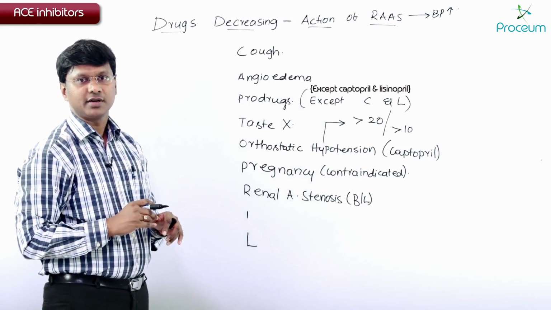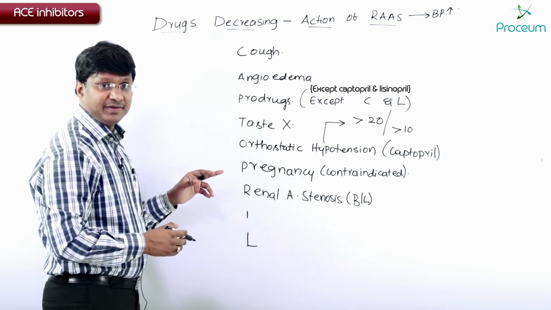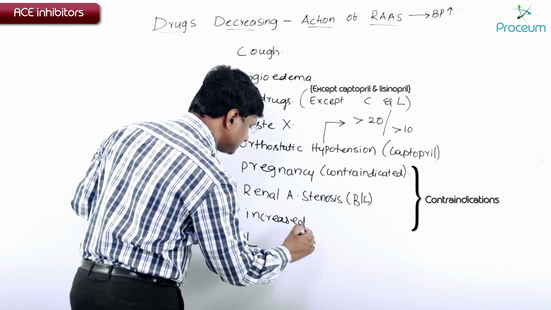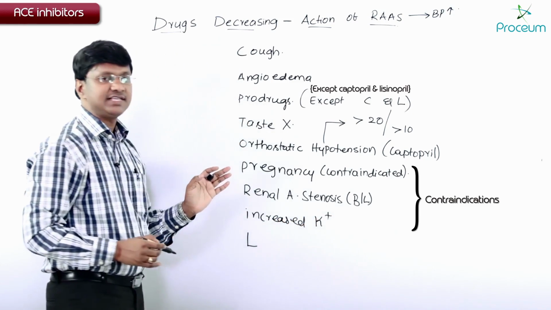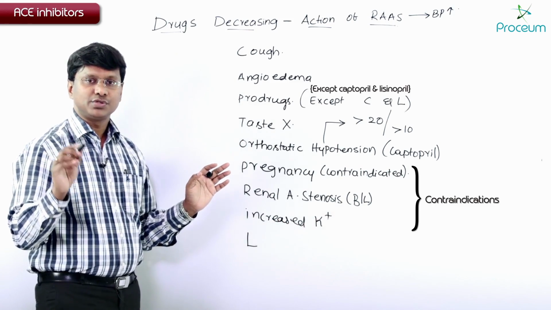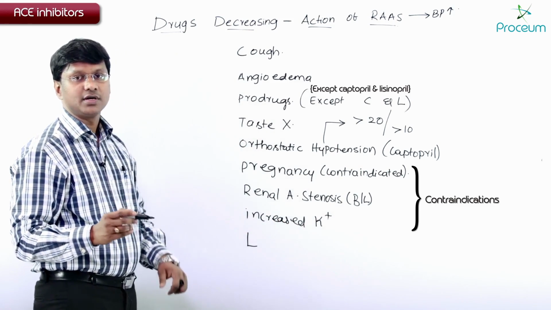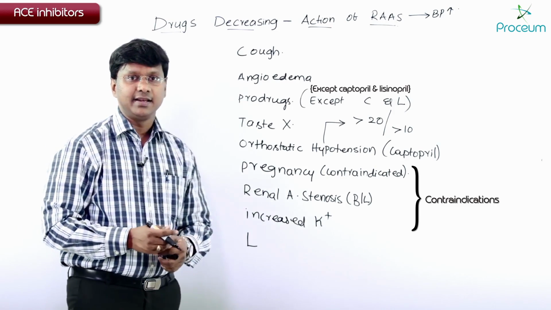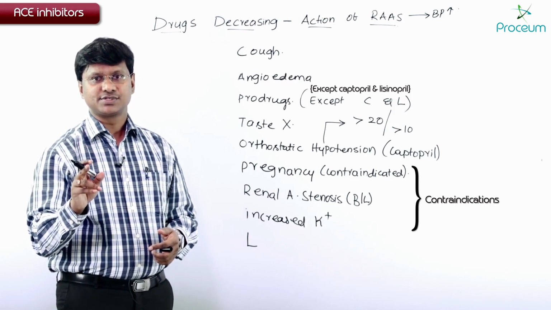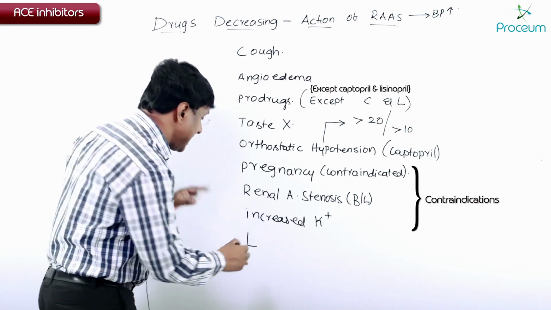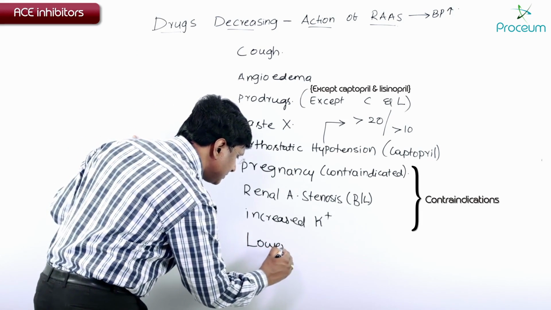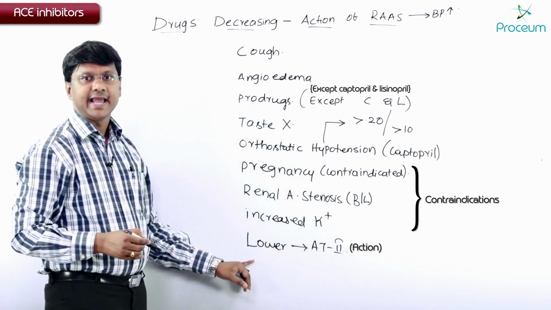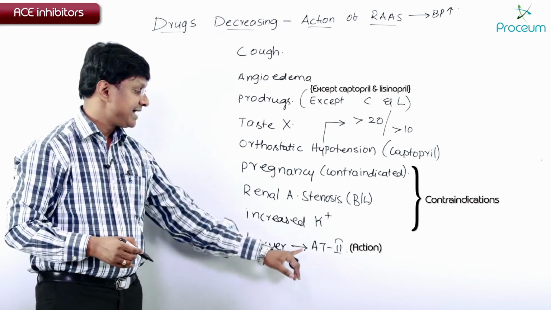Next, they are also contraindicated in case of increased potassium, because I have discussed that these ACE inhibitors will cause hyperkalemia. That is the reason why they are contraindicated whenever the individual is having hyperkalemia. Next, if you take the L, how do these drugs act? They act by lowering the formation of angiotensin 2.